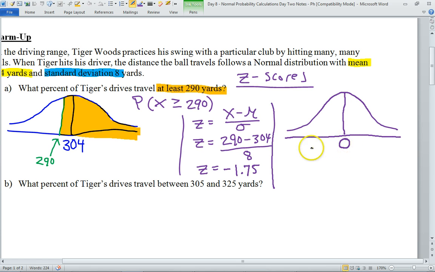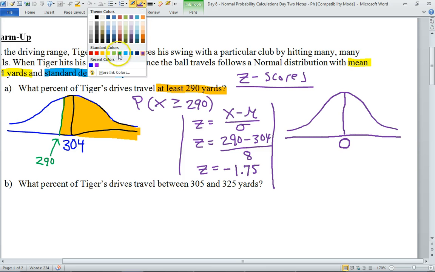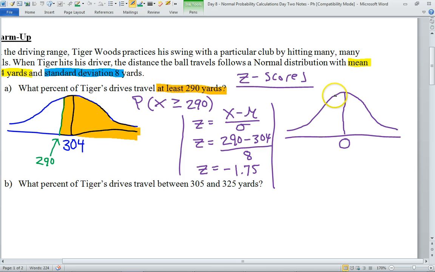Then we've got this 290. But I'm not going to call it 290 anymore. I've now converted it to a z-score. So now I'm going to call it negative 1.75 standard deviations to the left.